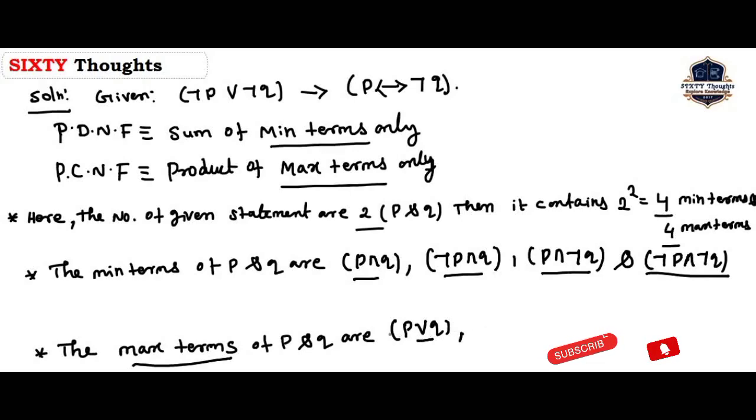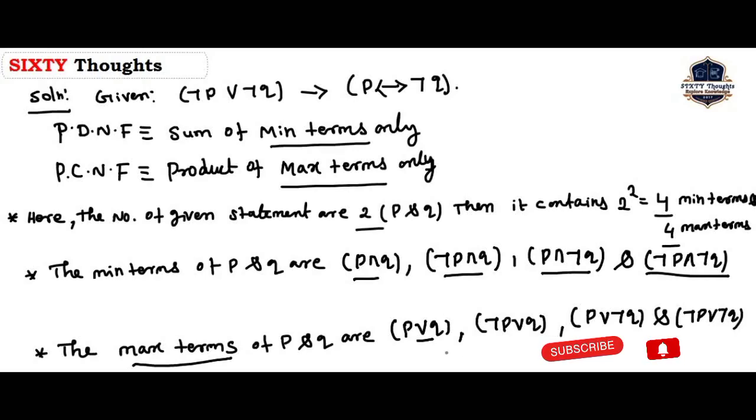First, P or Q. Second, negation P or Q. Another possibility is P or negation Q. And the last possibility is negation P or negation Q. Given variables are 2, therefore we get 4 max terms. Each term contains only the two variables P and Q, or their negations. This is the way we construct min terms and max terms.